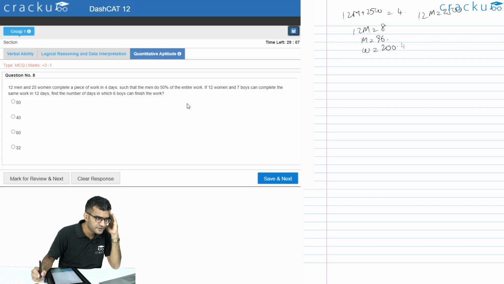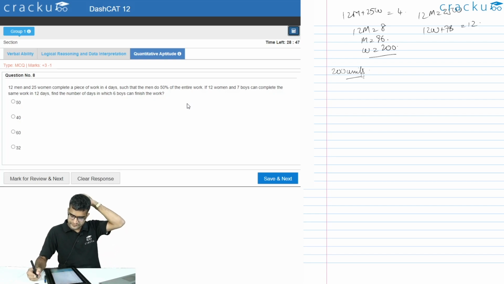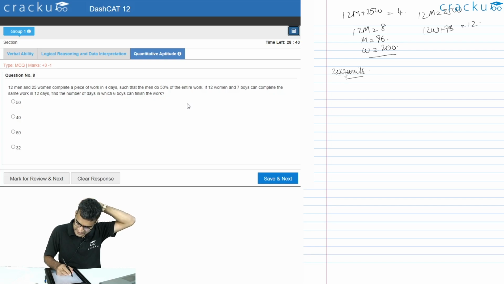Okay, 12 women and 7 boys can complete the same work in 12 days. So if you assume that the total work is 200 units, find the number of days in which 6 boys can finish the work. So 12 women in 12 days will do 144 units.